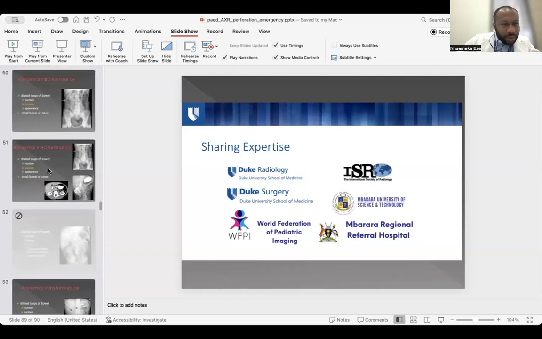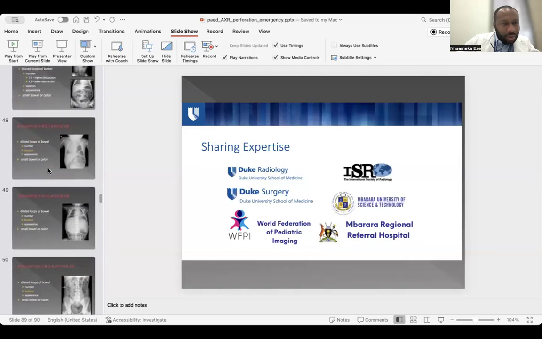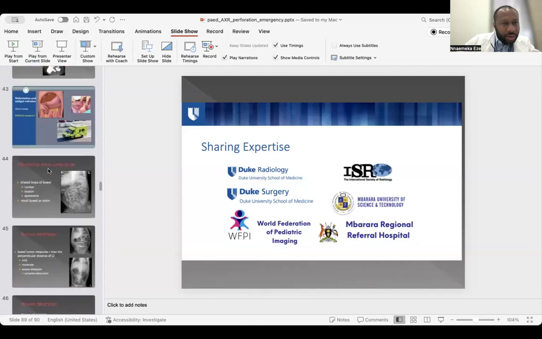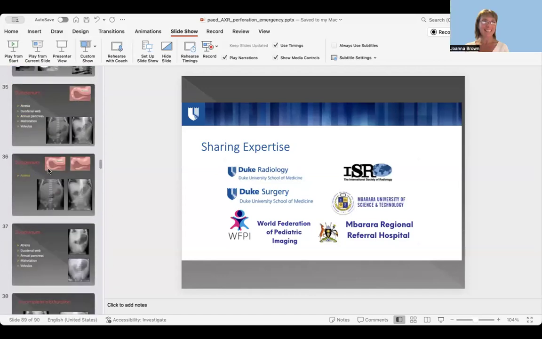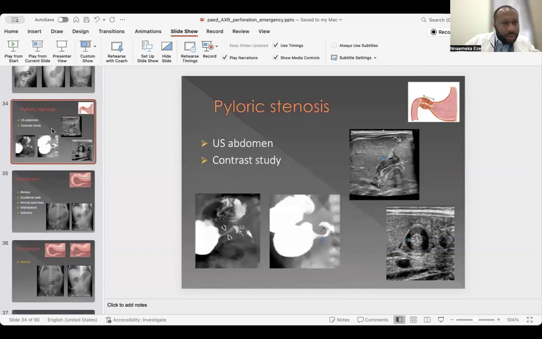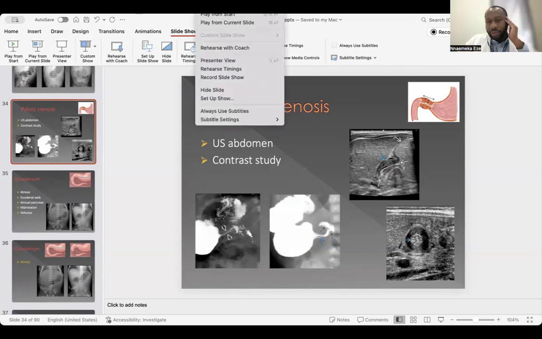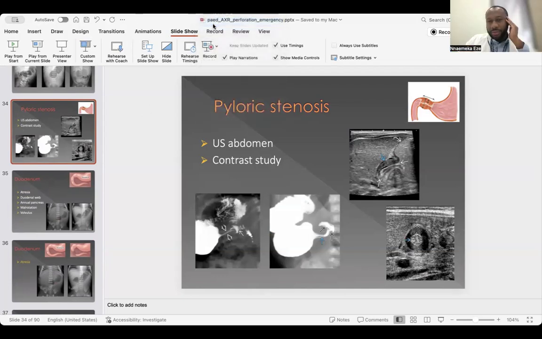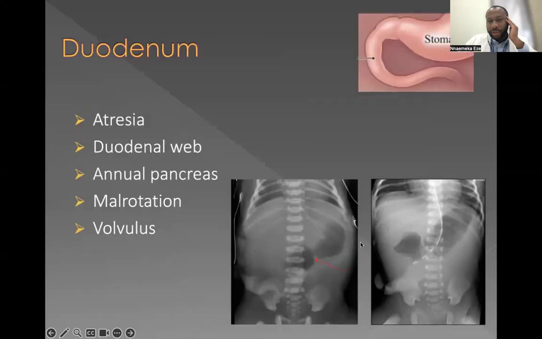There was one that had a bullseye sign on ultrasound, I think. Sorry, I'm just going there. This one, yeah. This image on the bottom right. Is that the bullseye sign for intussusception, or am I mixing that up?